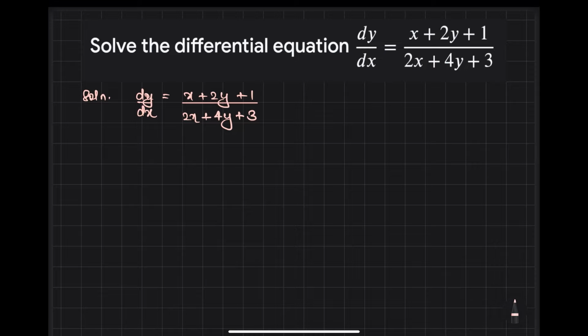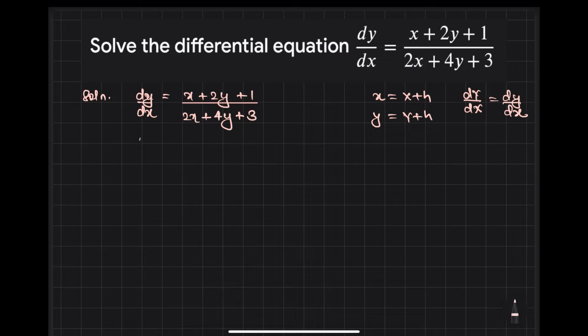Yes, we have linear by linear. So over there what we used to do is replace x with x plus h and y with y plus k, and you know that we have extracted dy by dx is equal to dy by dx. Right hand side small, left hand side big.